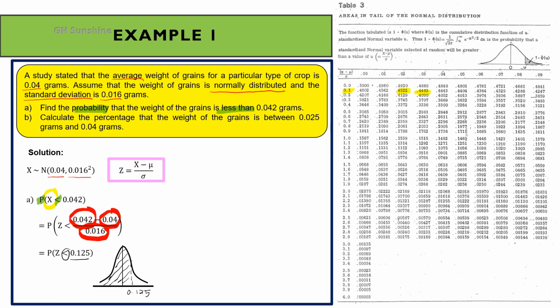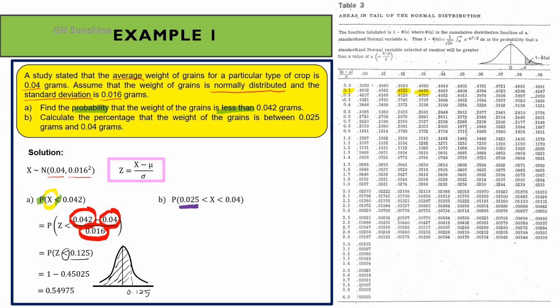Either one is accepted, but you can calculate the most accurate answer, which is 0.4522 plus 0.4483 divided by 2. Okay, so the final answer equals 0.54975.